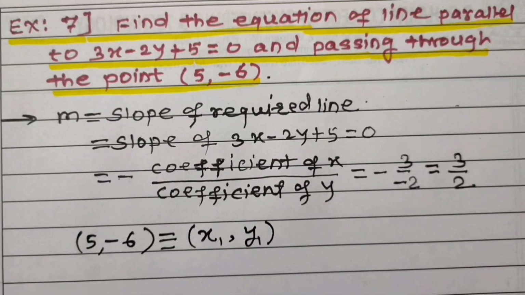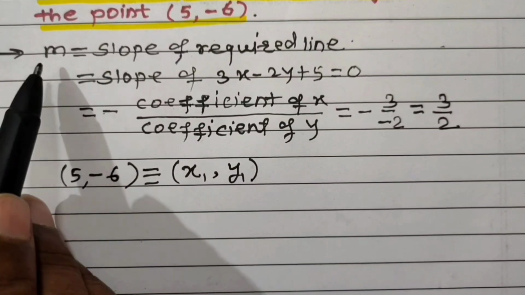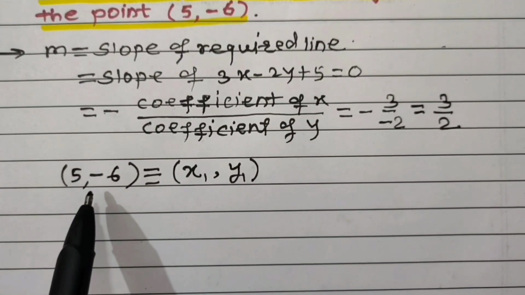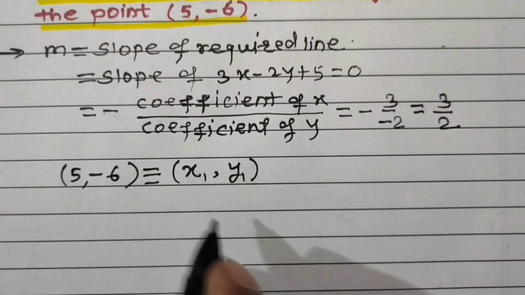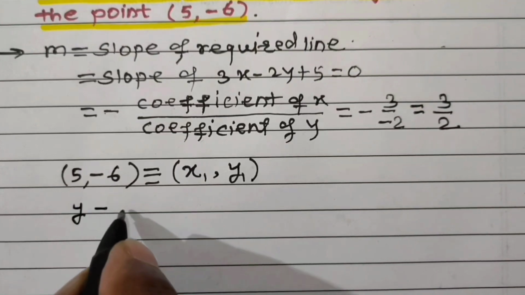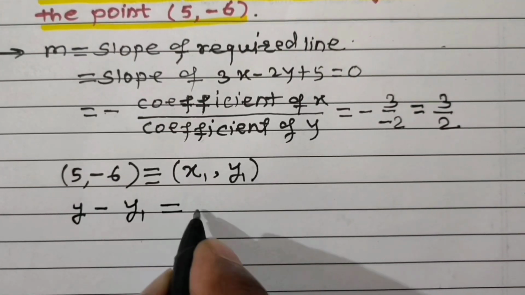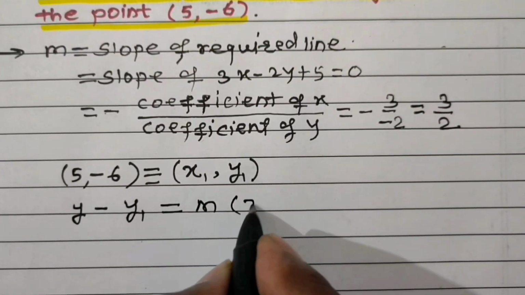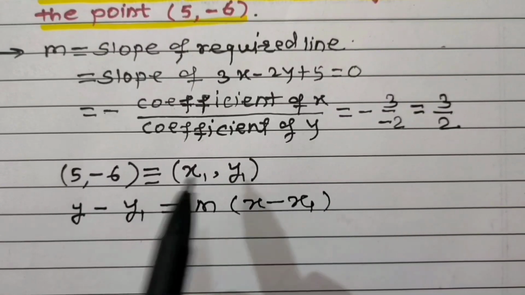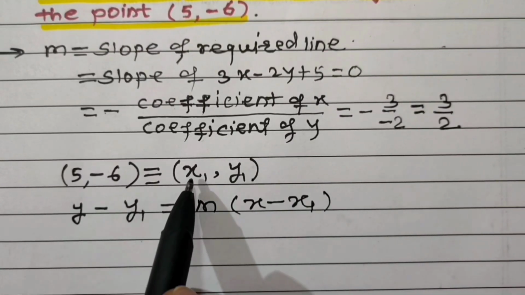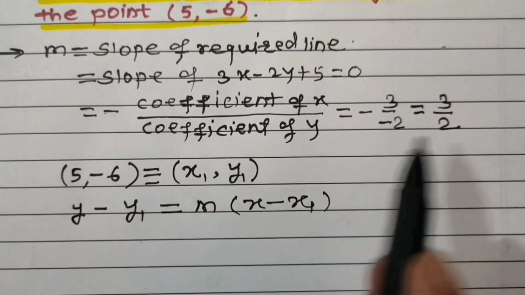Now use the slope point form of a straight line. We know the slope and a point lying on the straight line. So the slope point form is y minus y1 is equal to m into x minus x1. Here y1 is minus 6, x1 is 5 and m is 3 upon 2.